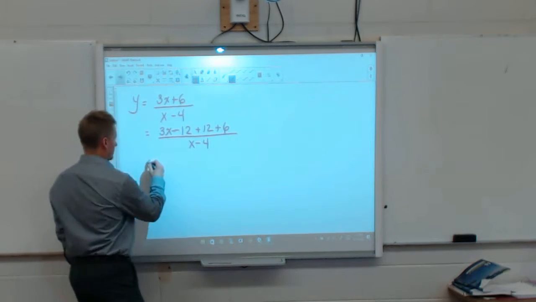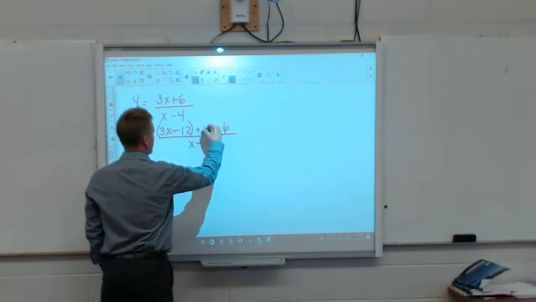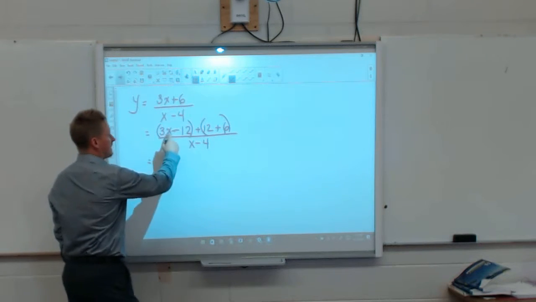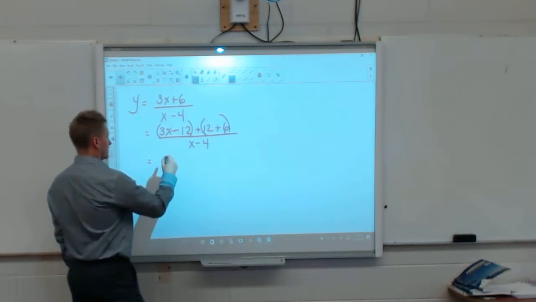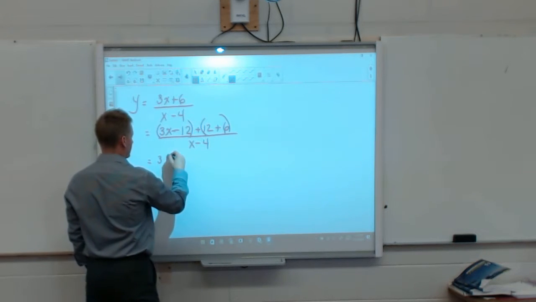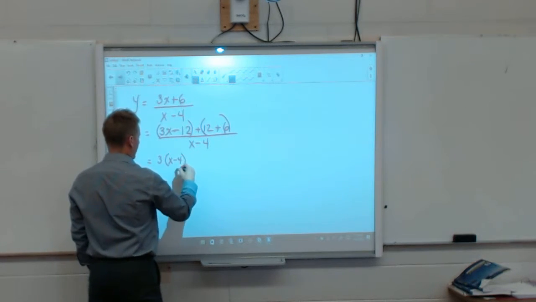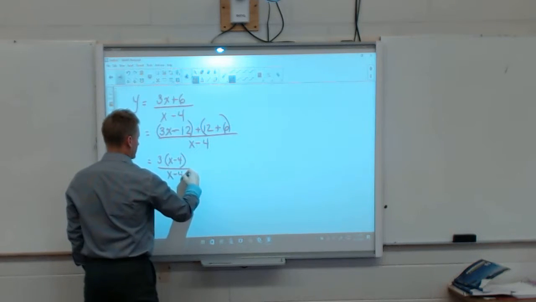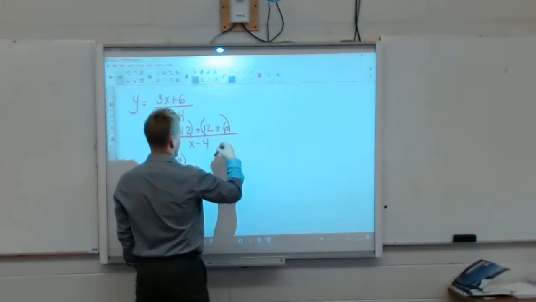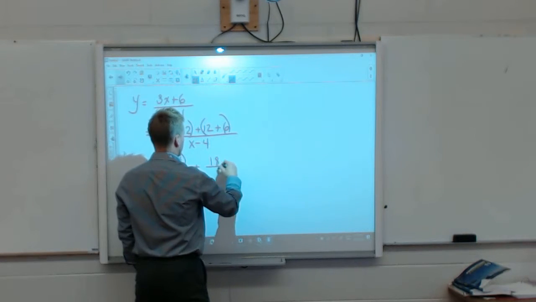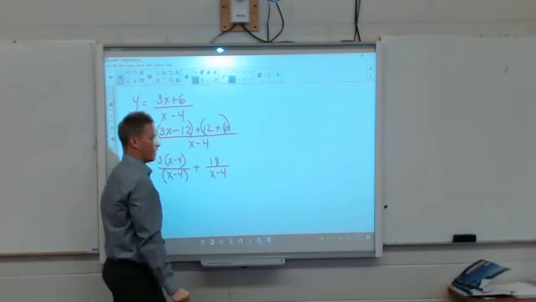So now, what I'm going to do is I have brackets around here and brackets around here. I'm going to separate them so that they're both over x minus 4. So this one's going to become 3 times x minus 4 over x minus 4, plus 12 and 6 make 18 over x minus 4.